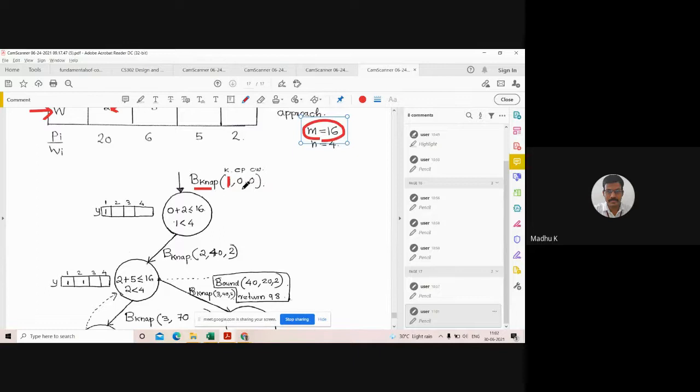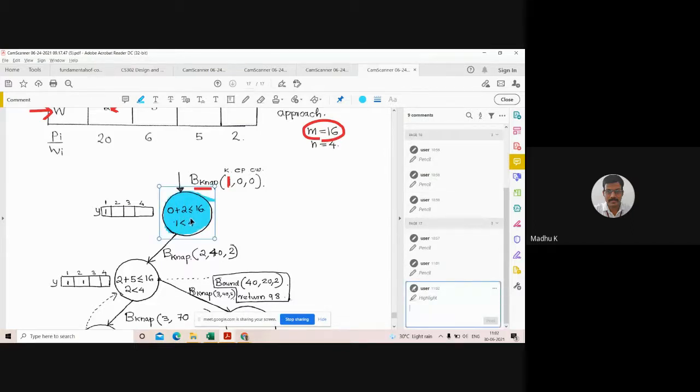Then what will the knapsack algorithm do? This is a state. We reach the first state. This is basically the body of the knapsack, the part I am showing in blue.